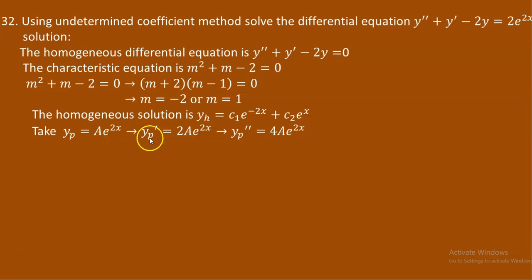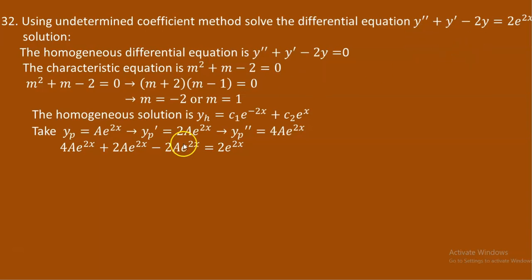So take the derivative of that. It will be 2 times a e to the power of 2x. The second derivative makes 4a e to the power of 2x. So let's directly substitute all these values in the differential equation, so we can have these expressions. Basically, this is obtained by directly substituting the obtained expressions in our differential equation.